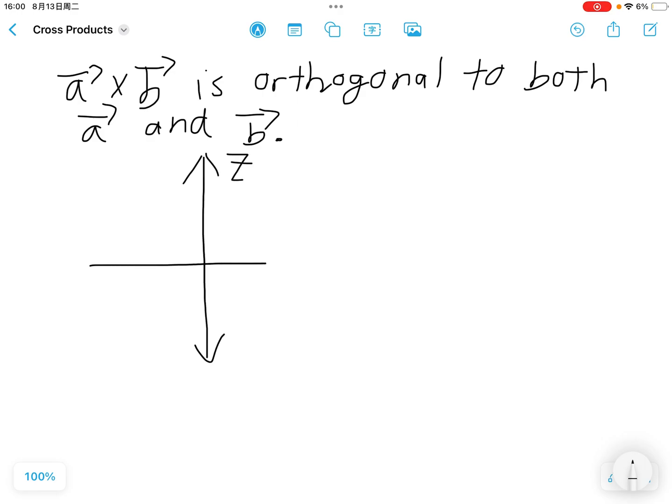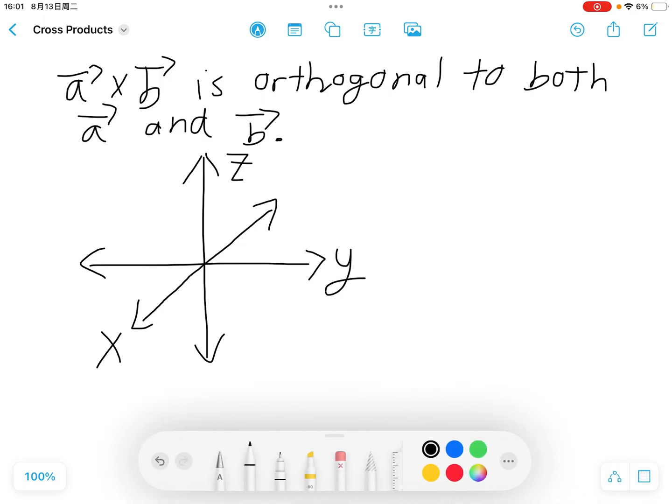This is Z. This is Y. And then this is X. So let's say I'm going to just draw vector A over here, and then we have vector B. So essentially, having something orthogonal to both vector A and B means we have this plane where both vector A and vector B lie.